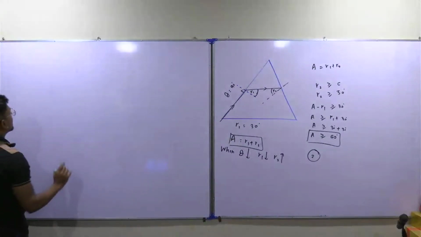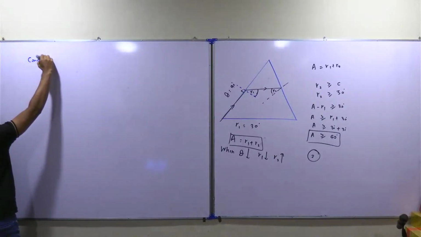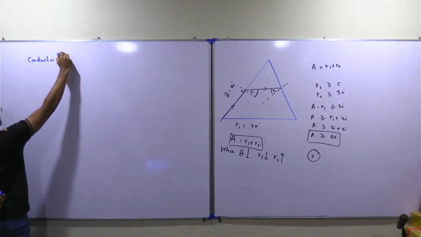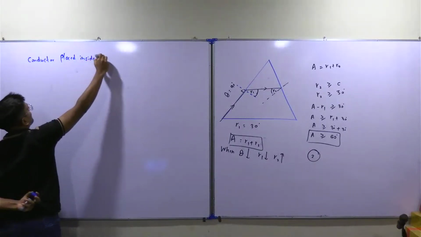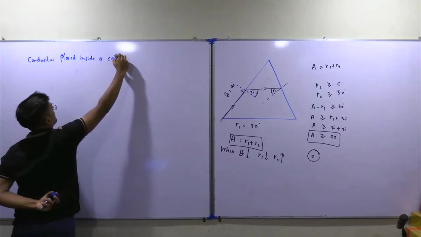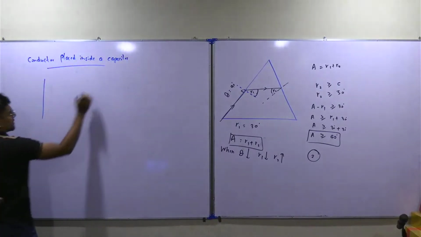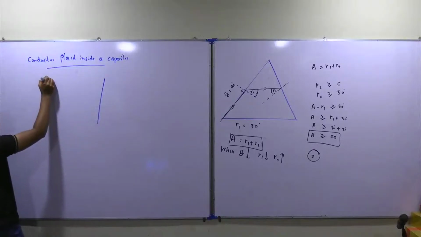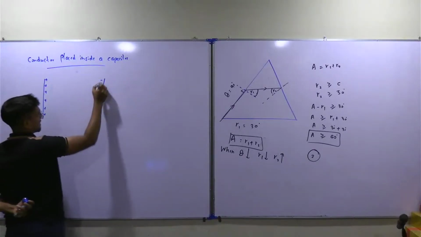Let me draw a conductor placed inside a capacitor. Let's say these are the two capacitor plates. This is positive and this is negative.